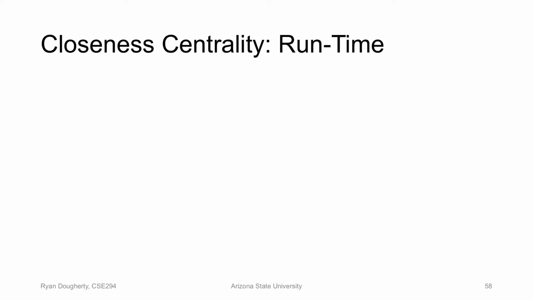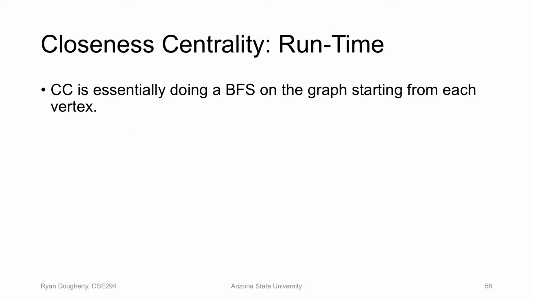All right, so let's look at the runtime. It's doing a breadth first search on the graph, but instead of doing it from just one vertex, we're going to do it from every vertex. Start from one vertex, do breadth first search, start on the next one, do breadth first search, all the way through the graph, and find the closeness centrality value of each vertex.